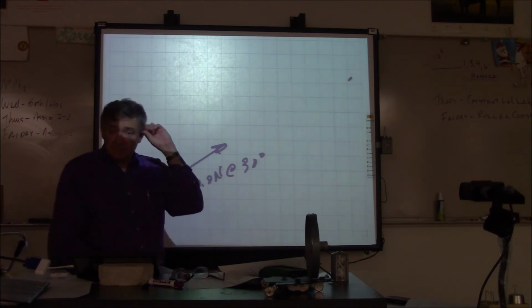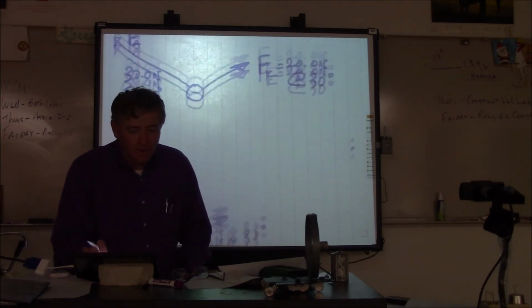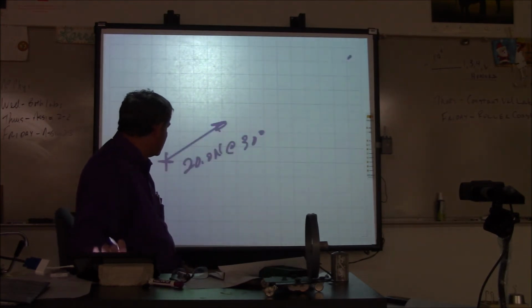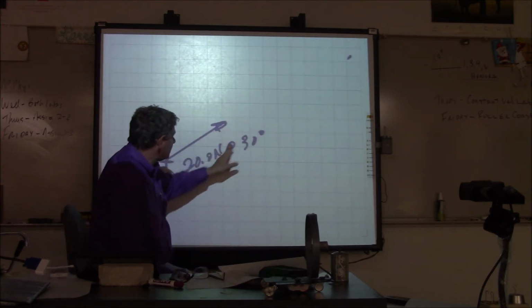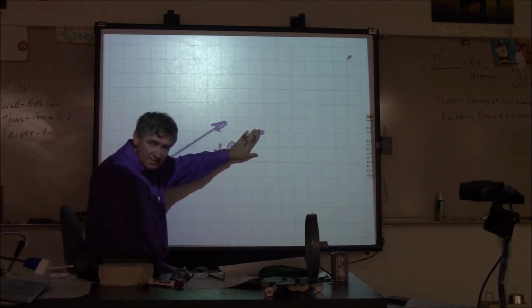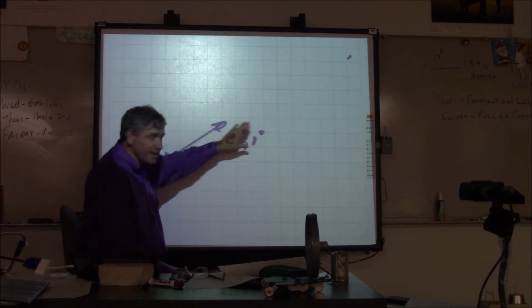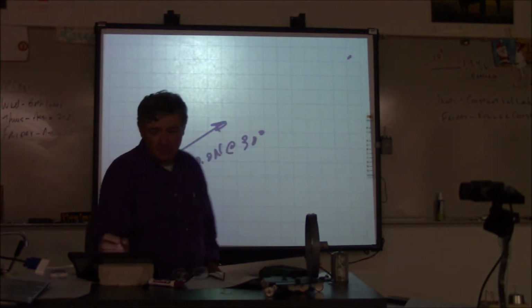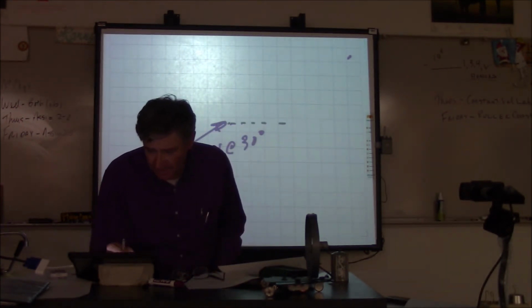Now, here's the tough part. When I do that 30 newtons at 110, this now becomes a whole new X and Y system. So when I measure 110 degrees, I'm going to put that protractor like this, okay?